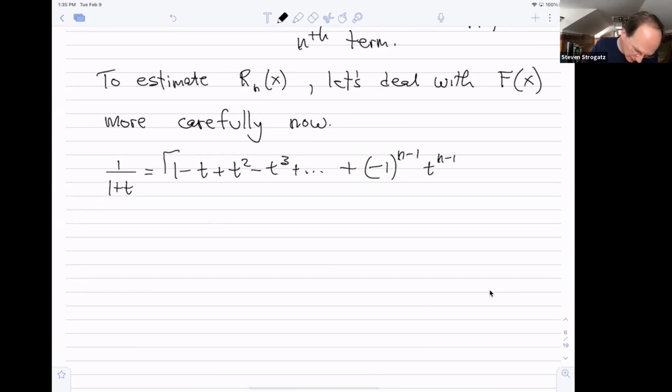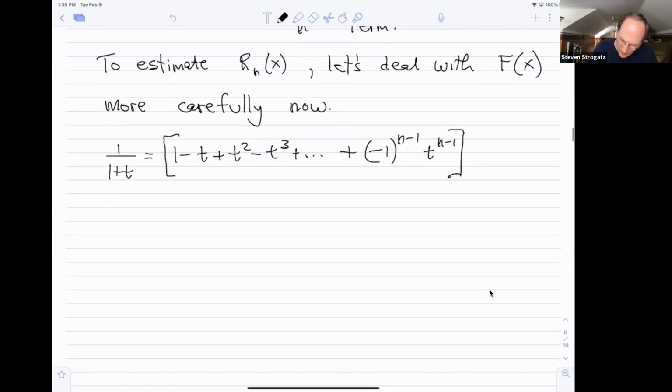Put all of that inside a big square bracket. And then plus a term which is minus 1 to the n, t to the n, all over 1 plus t.